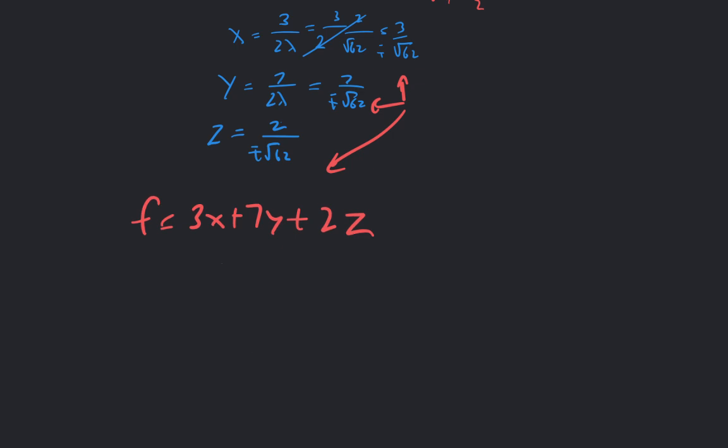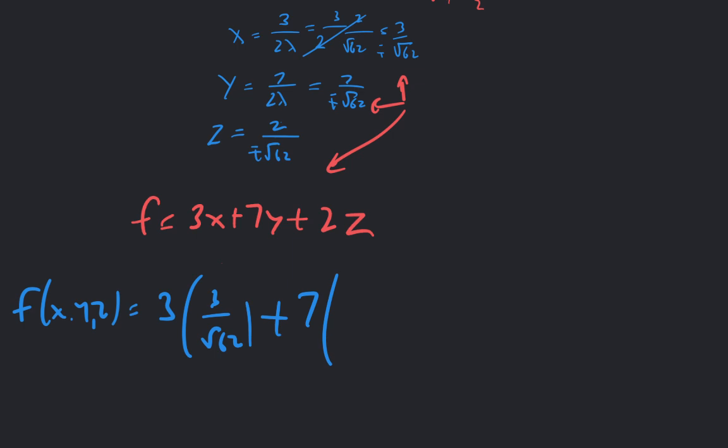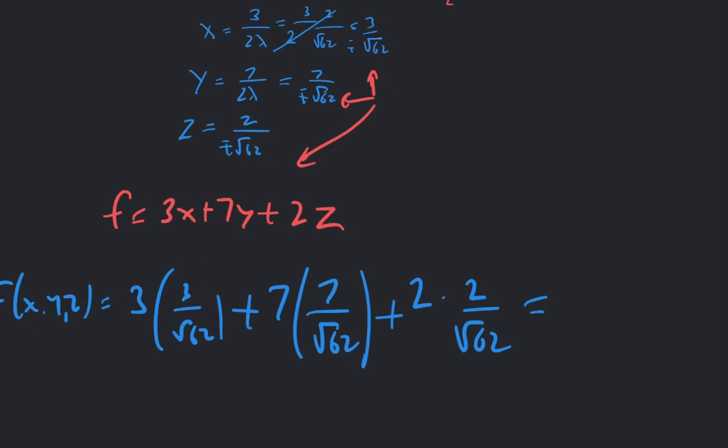Let's take f of x, y, z: 3 times 3 over root 62 plus 7 times 7 over root 62 plus 2 times 2 over root 62. And all of this comes up to 62 over root 62.